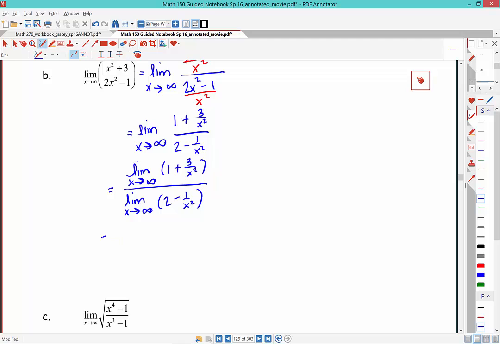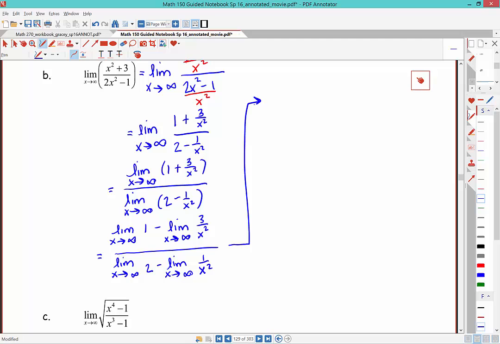And now breaking it up a little bit more, we would end up with the limit as x approaches infinity of 1 minus the limit as x approaches infinity of 3 over x squared divided by the limit as x approaches infinity of 2 minus the limit as x approaches infinity of 1 over x squared.